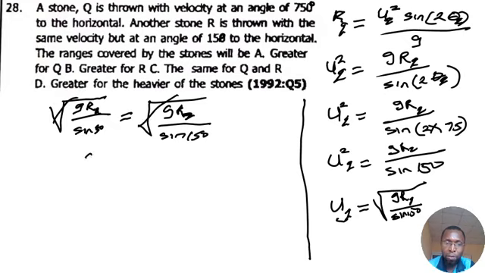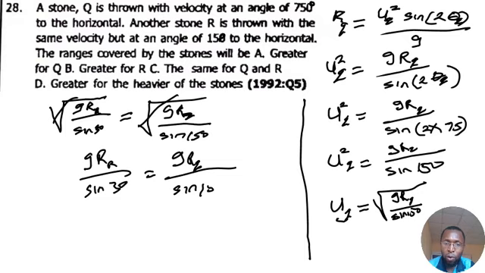And then we have G R R over sine 30 equal to G R Q over sine 150. And then G cancels G.